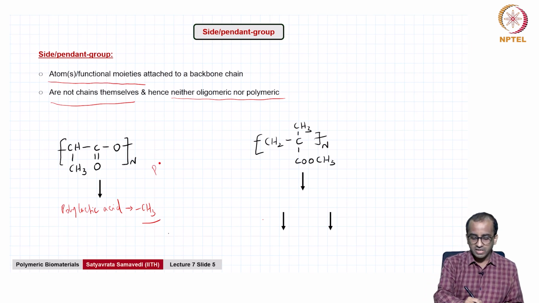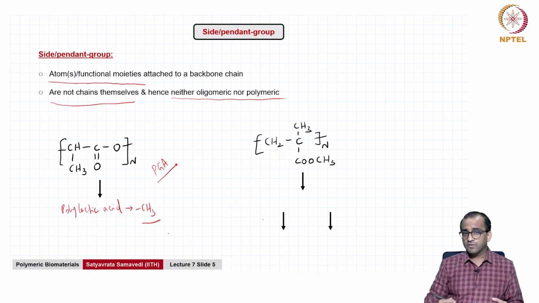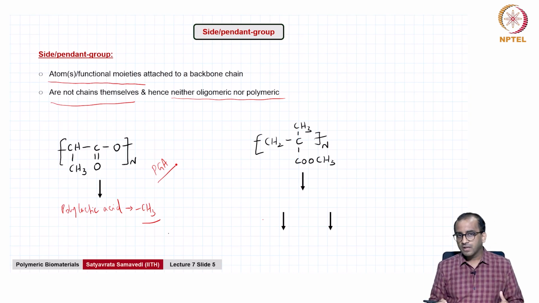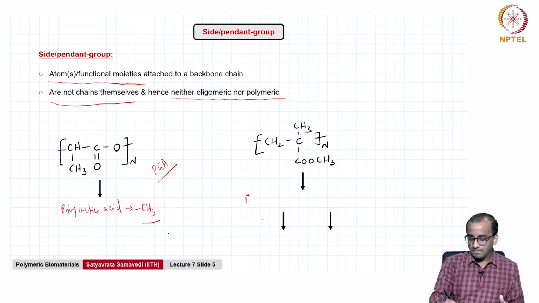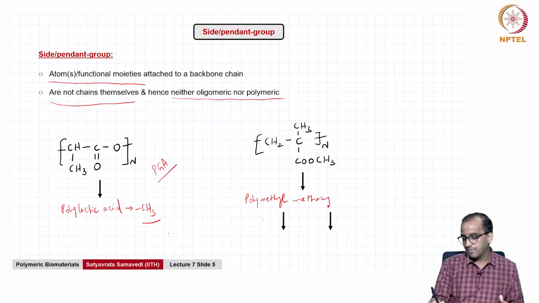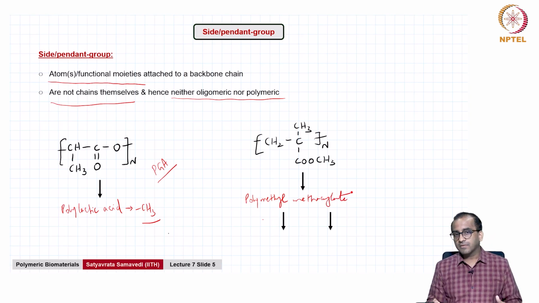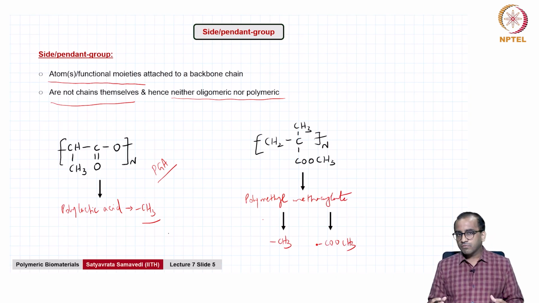So, I would encourage you to look up the structure of polyglycolic acid and compare and contrast that with polylactic acid to convince yourself about the differences. What I show on the right is polymethyl methacrylate.